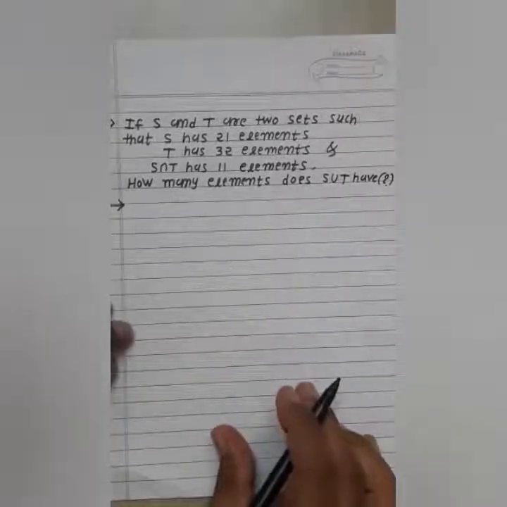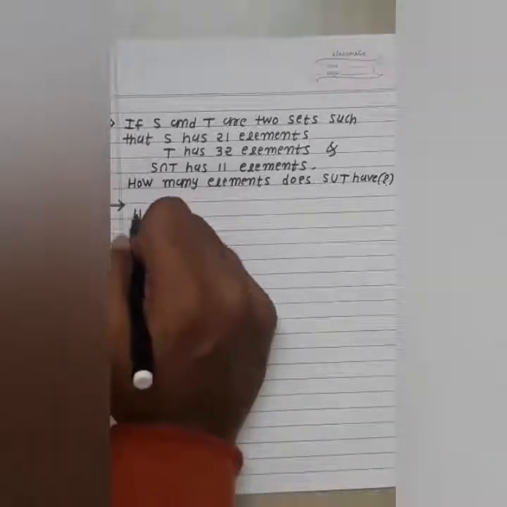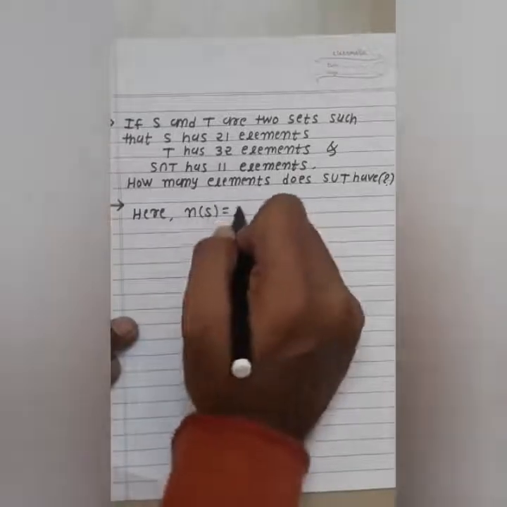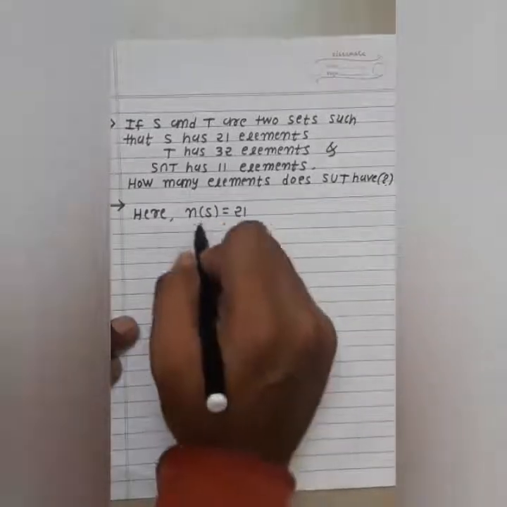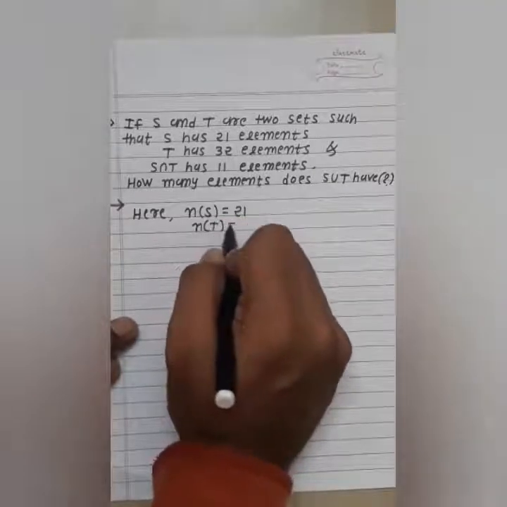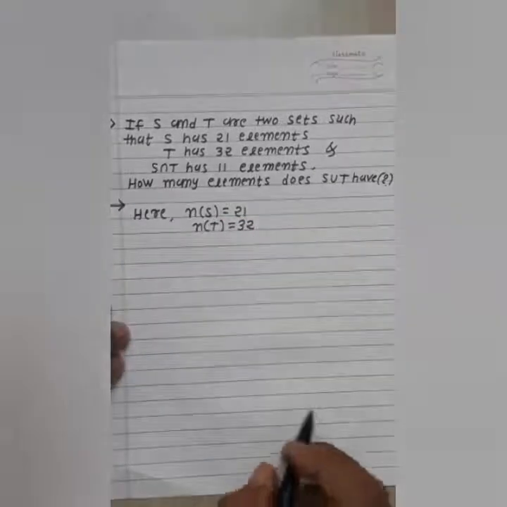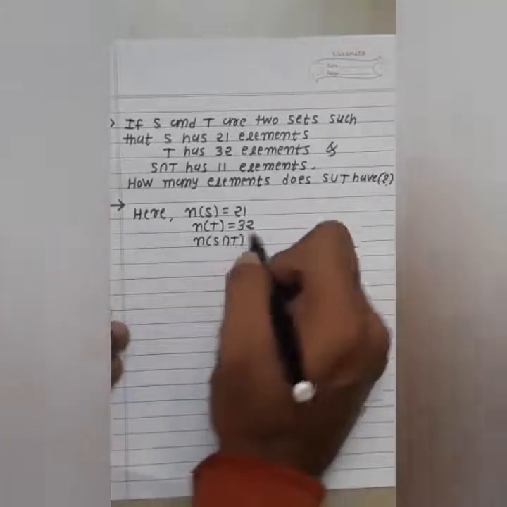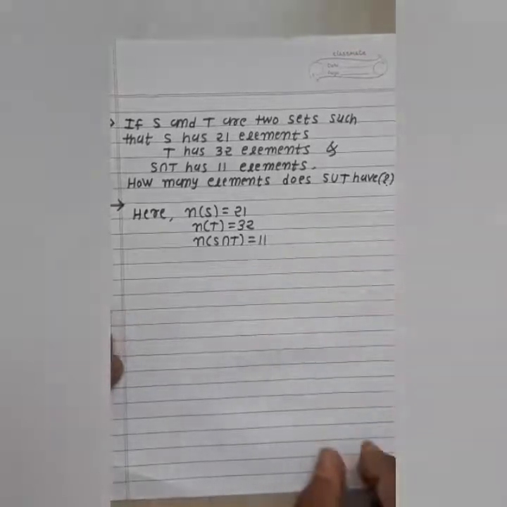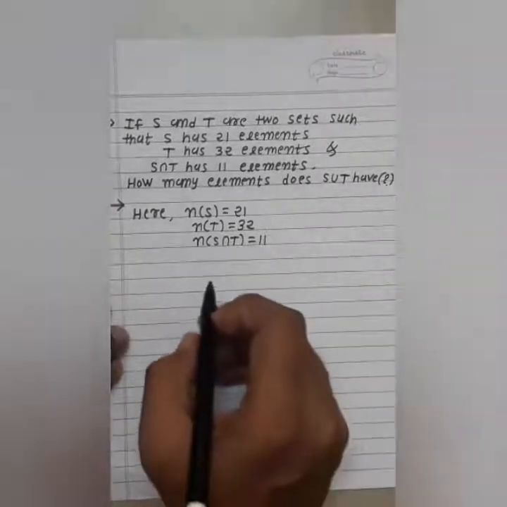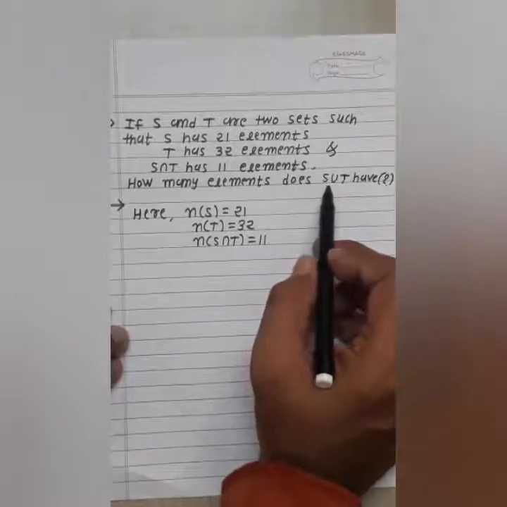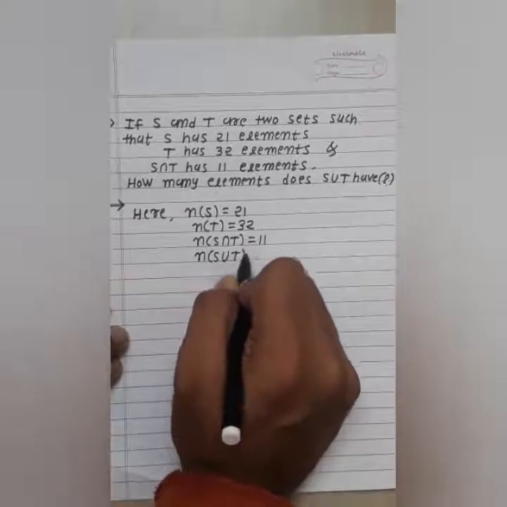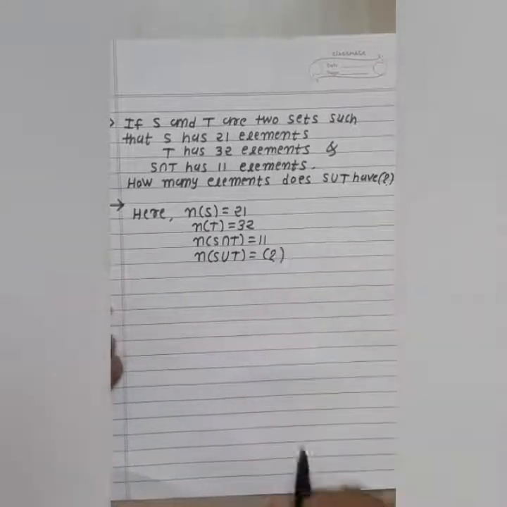So first of all, we can write n of S is equal to 21, n of T is equal to 32, and n of S intersection T is equal to 11. We need to find n of S union T.